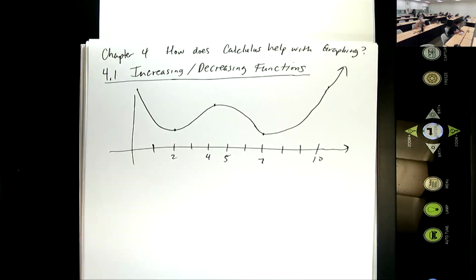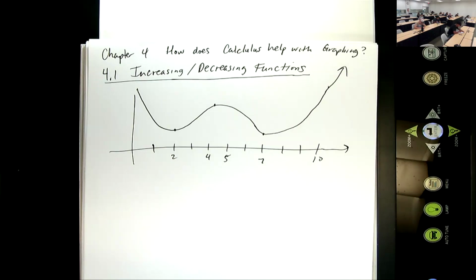Where is everybody? 2, 4, 6, 8, 12 people. 7 online, 19 people. Good.